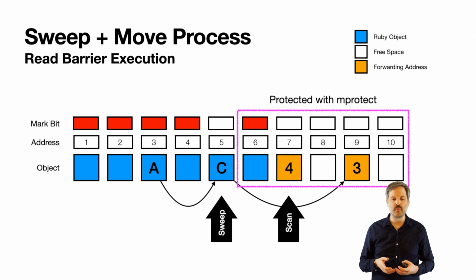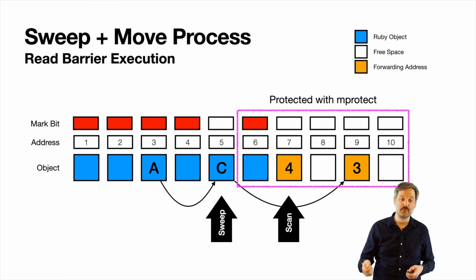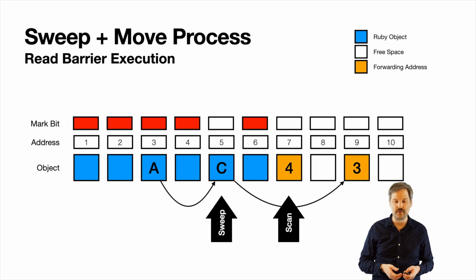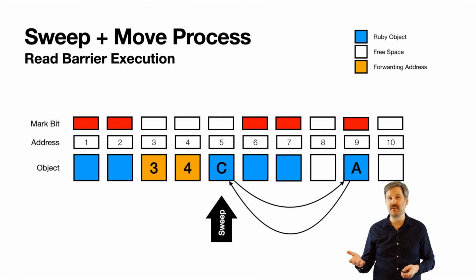Now, at this point, when C tries to read address 9, an exception will occur because the memory is protected. Then the exception handler can remove protection and move all of the objects back to their original location. And what this means is that the sweep step can continue just as usual.